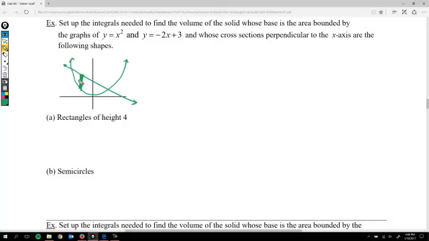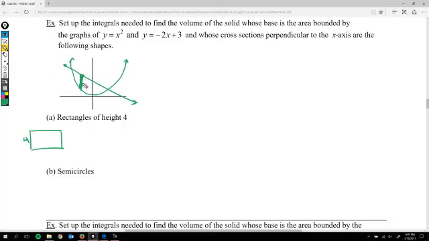And if I look at it straight on, really what I'm seeing is a bunch of rectangles with a height of 4. Think about it as this is my width right here, this distance, and then my height is 4. If you can imagine the perspective here.